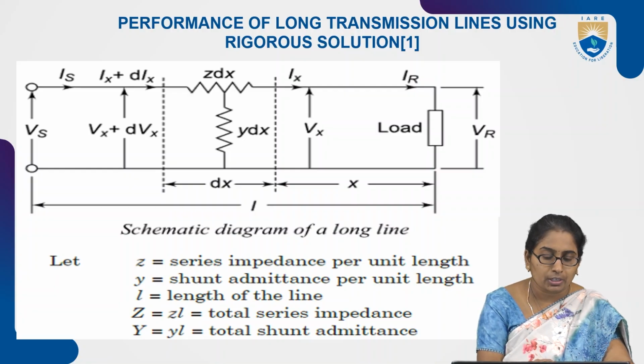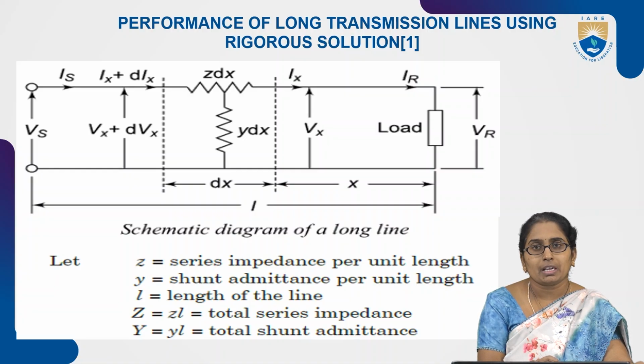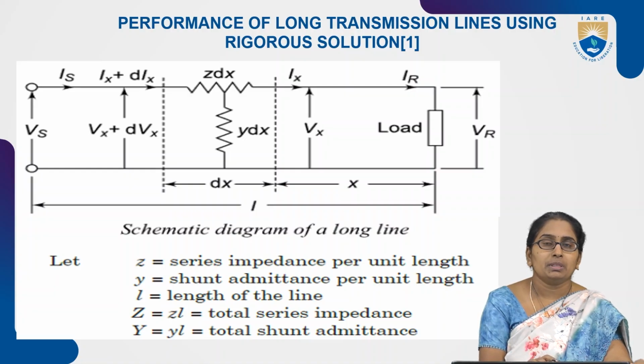Its equivalent circuit is shown. A long transmission line means one where all the parameters, resistance, inductance and capacitance, are uniformly distributed along the total length of the line.